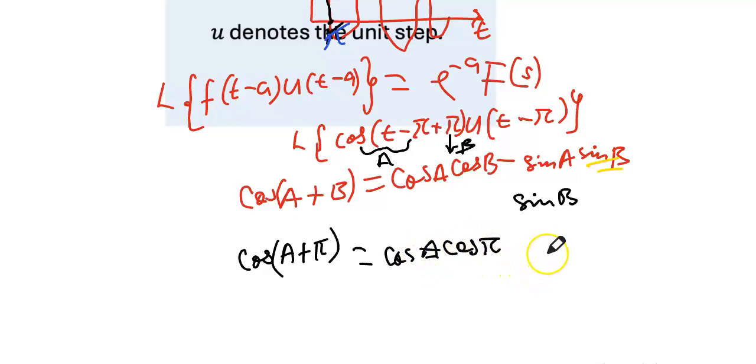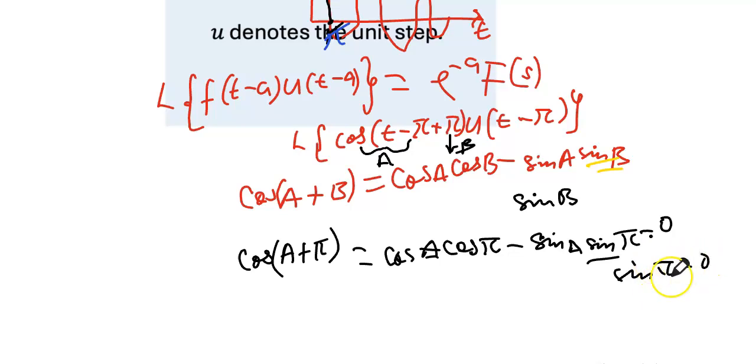So it is cosine of pi minus sine of a, sine of pi. Again, sine pi is 0. Sine pi is always 0. If I give you sine pi, you can plug that in your calculator. Sine pi is 0. And cosine of pi is negative 1. Cosine of pi is negative 1.